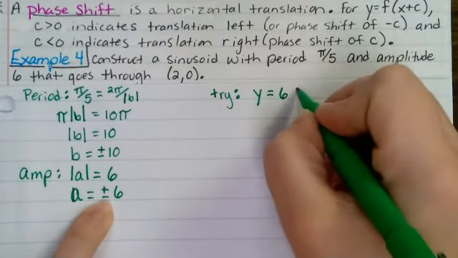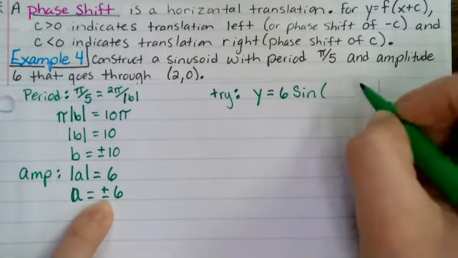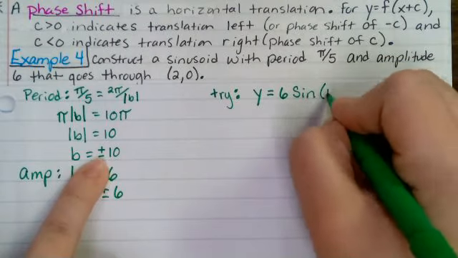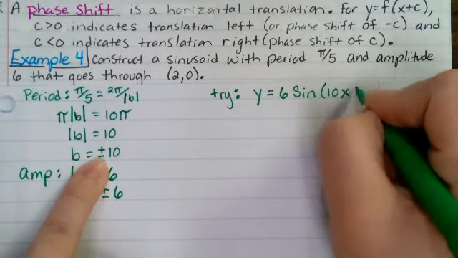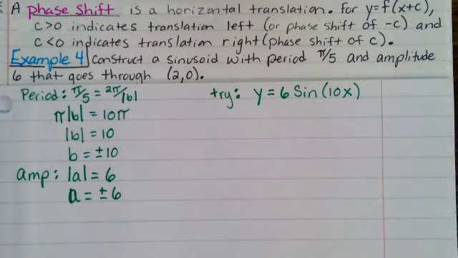And then we're going to say sine of, and for my b value, it needs to go in here. Let's try the positive 10x. Again, if we need to change this up so that we reflect it some way, we will. You guys may not care for these types of questions quite as much because it's going to be very much like trial and error once you get it going.